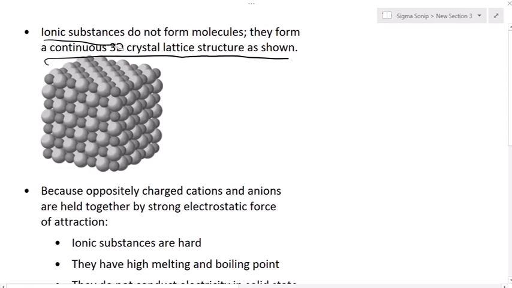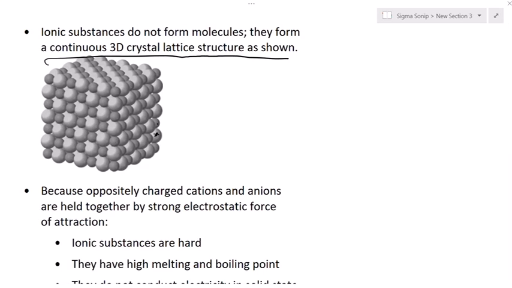For example, a water molecule has its own existence, whereas in ionic substances what we have is a continuous 3D lattice structure. You have an arrangement of oppositely charged ions: this is chlorine, that one is sodium, and they are arranged in this manner, all held together very tightly by strong electrostatic force.